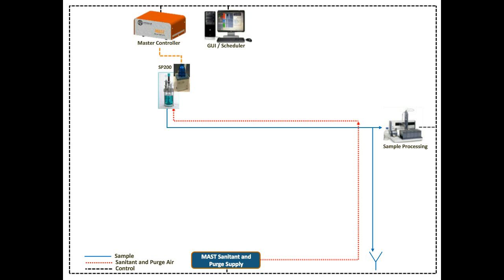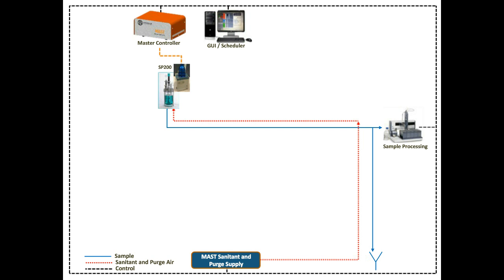It has your histogram showing all the activities that have occurred. It's a full, complete interface. It also has a sanitize and purge supply, a pump-based system that supplies your 70% IPA and the purge gases to blow everything out afterwards. So that's your basic fundamental system, and it can run one sample.